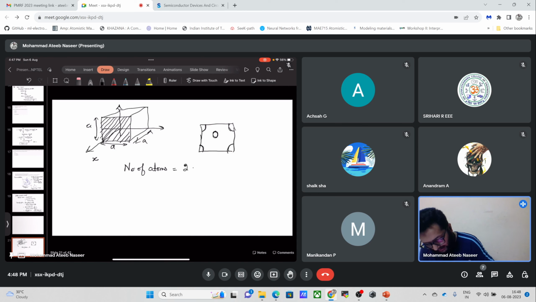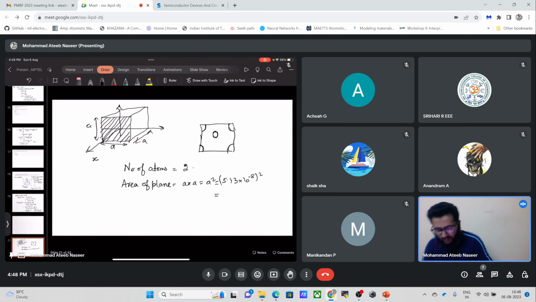Now the area of this plane is simply A into A, which is A squared, equal to (5.43 into 10 to the power minus 8) whole squared.